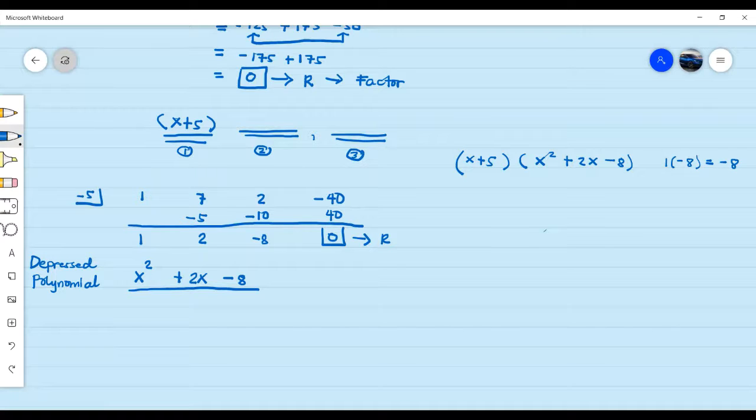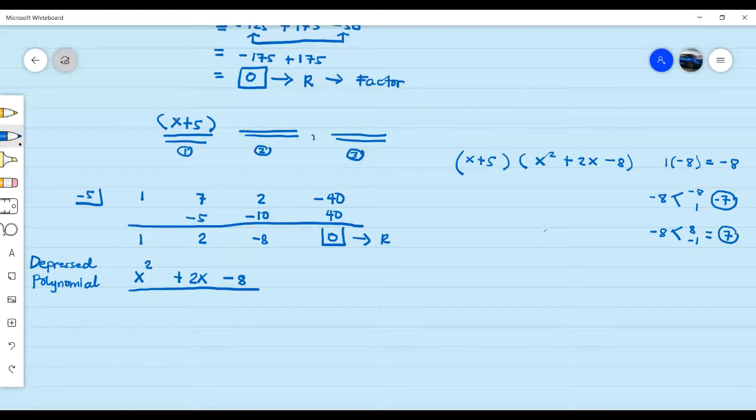So here, we're going to look for the factors of negative 8 that will give us positive 2. Those can be negative 8 and 1, but if you add them, it becomes negative 7. Also, it can be positive 8 and negative 1. If you multiply 8 times negative 1, it's still negative 8, but if you add them, this will be positive 7.